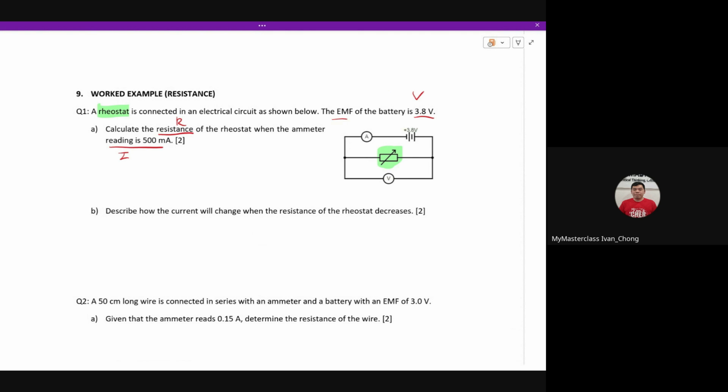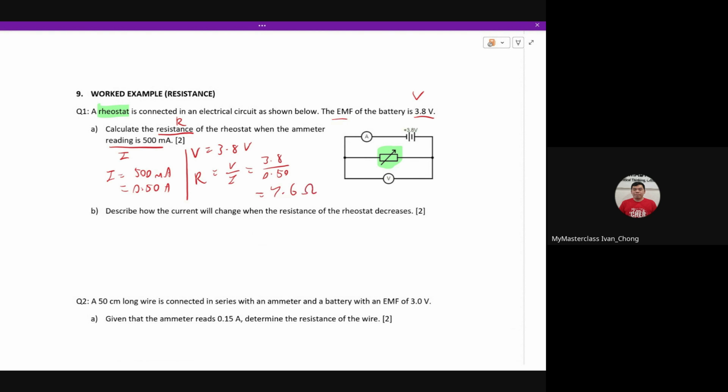So first thing we want to ask ourselves is I, right? 500 mA. We change it to amperes because we need to use SI units. Your voltage remains unchanged. So now we want to find resistance. Write the formula first. Throw in your values. 3.8 over 0.50. We end up with 7.6 ohms.